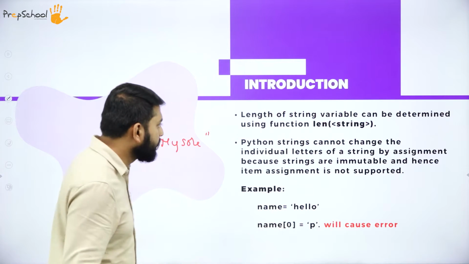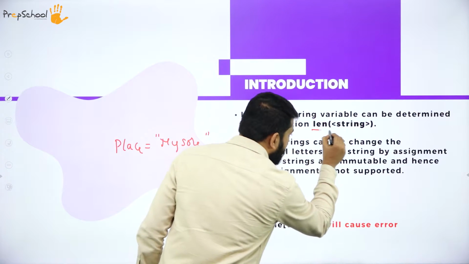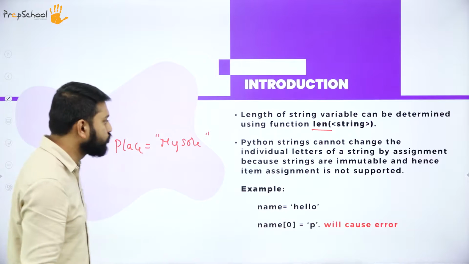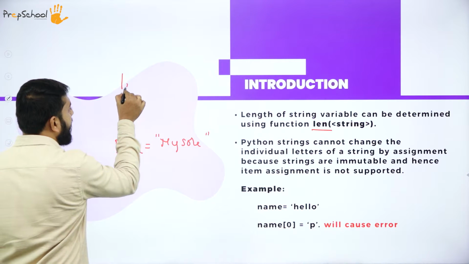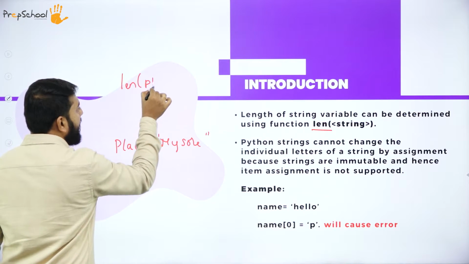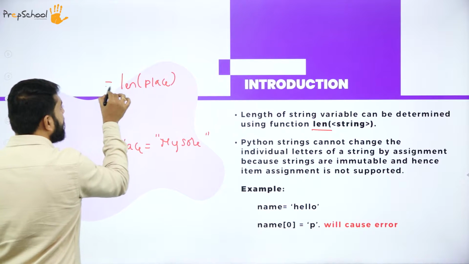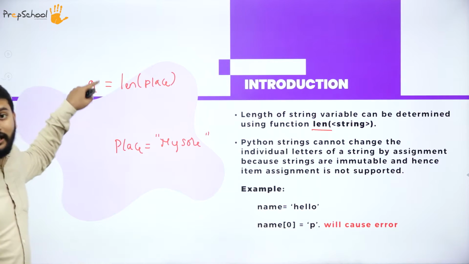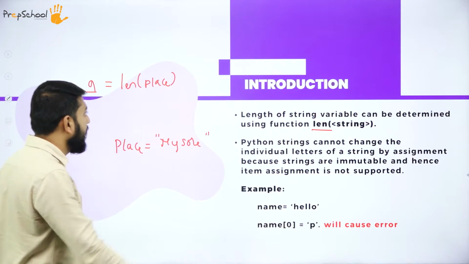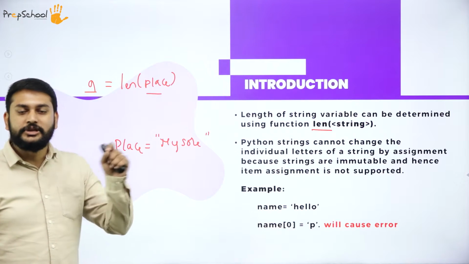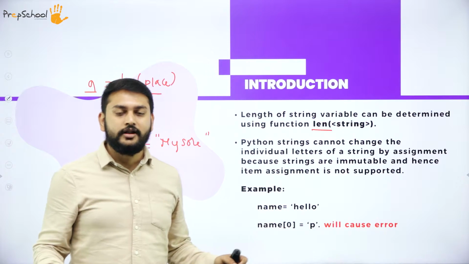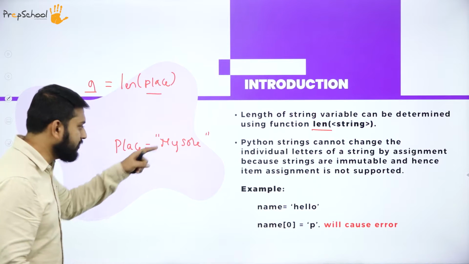How do I check? Please observe. This is the function that I have, len. So len of place will give me the length of the string that I am passing as a parameter.